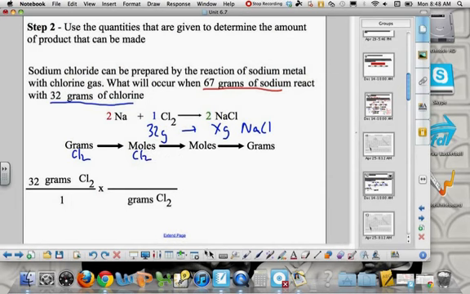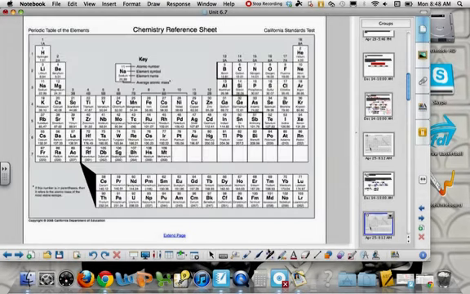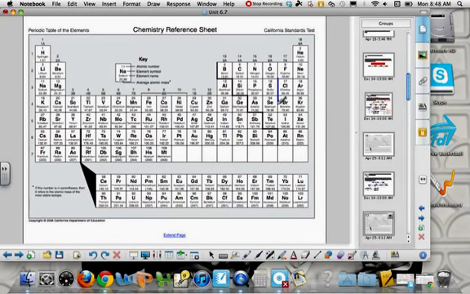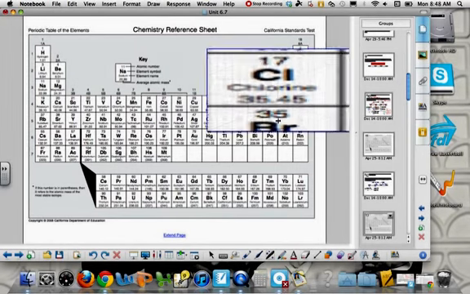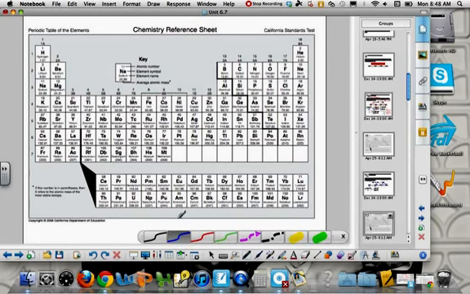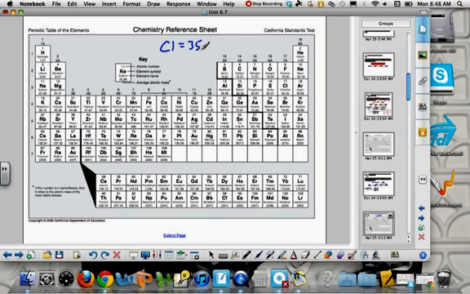Now in order to do that, if you remember, we have to look at the periodic table. So I'm going to put my moles of Cl2 up on top. And right now what I need to do is look at, well, what is the mass of chlorine? Well, the mass of chlorine is 35.45. Let me see if I can make a box here and zoom in on that. 35.45. So for chlorine here, I have a mass of 35.5, we'll just round it to.